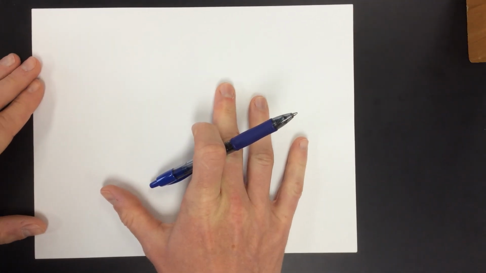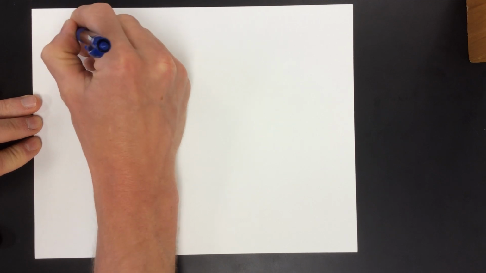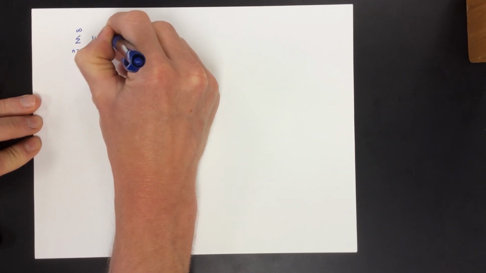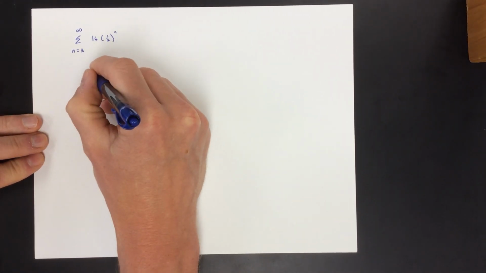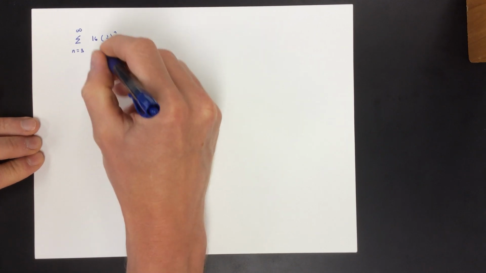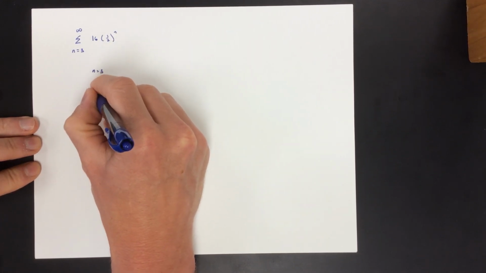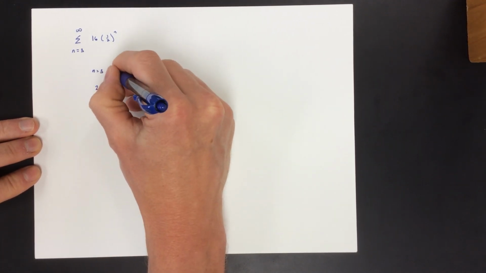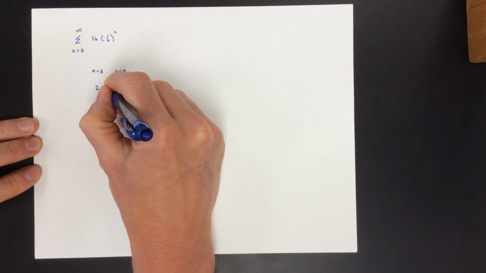It doesn't happen much. Most of the time it is 0, but I could let this be n equals 3 to infinity of 16 times 1/2 to the n. Again, my first term corresponds to n equals 3. When n equals 3, this is 1/8. 16 times 1/8 is 2. So my first term in this sequence is 2. And then after that, I keep getting another half, because when n equals 4, I get 1, and so on.